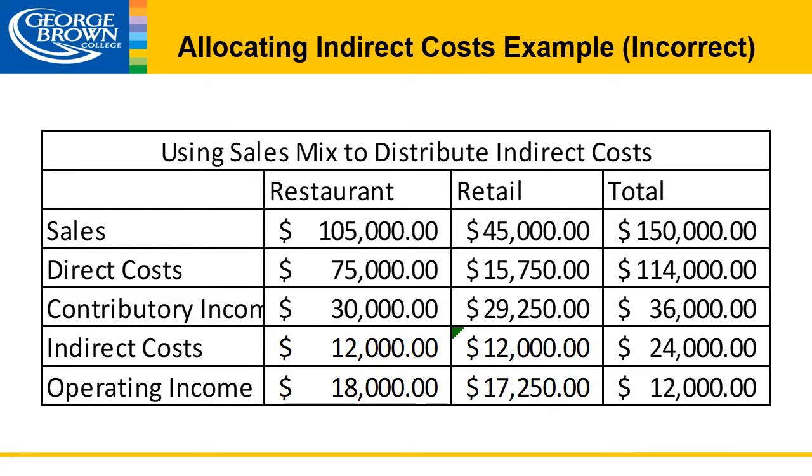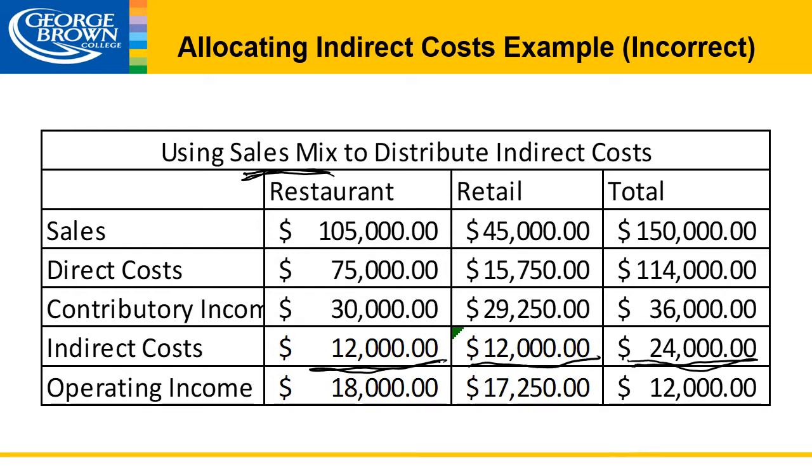Okay, so before we get to the correct use of allocating indirect costs, here's an example of it done incorrectly. This does not take into consideration the sales mix, and the indirect costs in this case are split evenly. So 24,000 divided by 2 gives us 12,000.